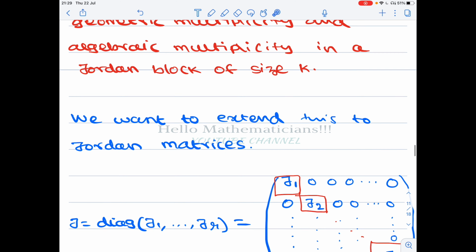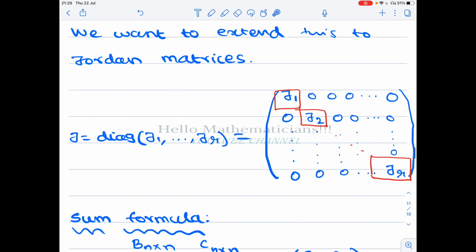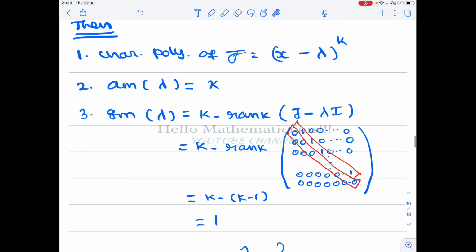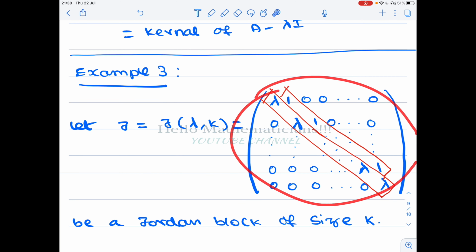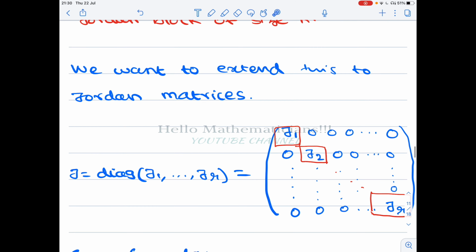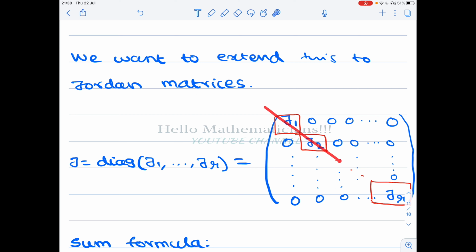What are Jordan matrices? A Jordan matrix is a matrix whose diagonal entries are blocks, and each block is a Jordan block. So this is one Jordan block, and it is a block matrix in which the diagonal entries are block matrices, each a Jordan block.